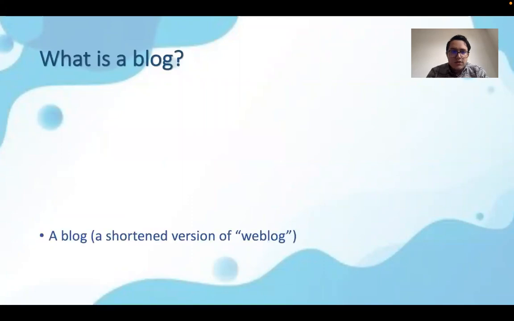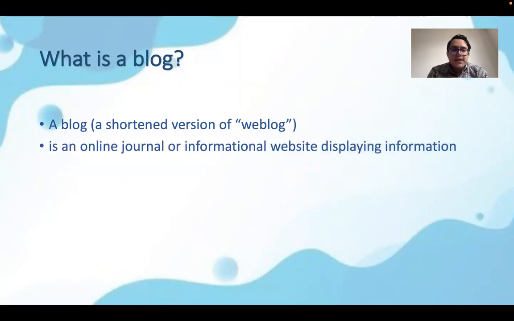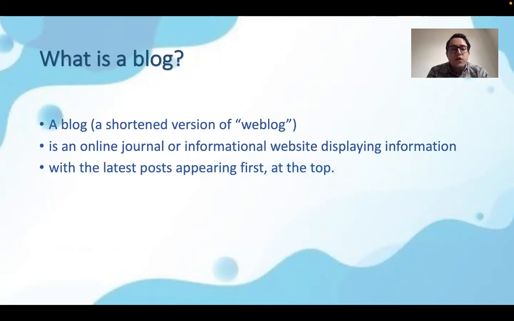So let's get started with what is a blog, if you remember or not. A blog is a shortened version of a web blog. It is an online journal or informational website displaying information, with the latest posts appearing first at the top, similar to Facebook, for example.